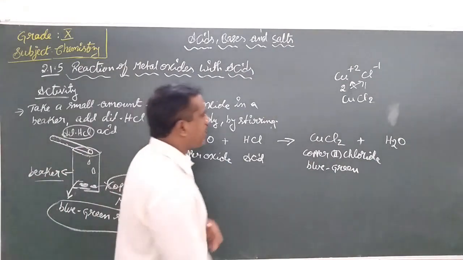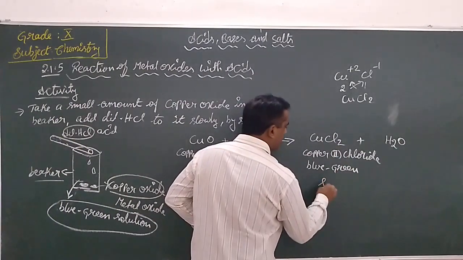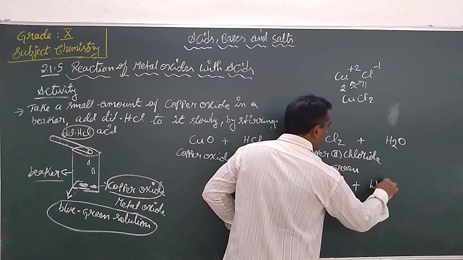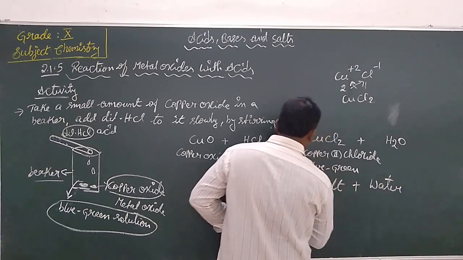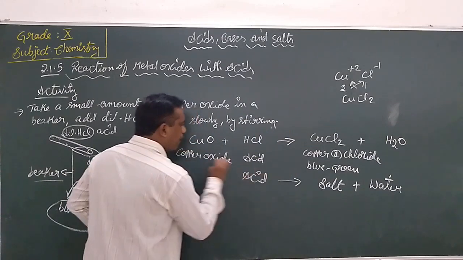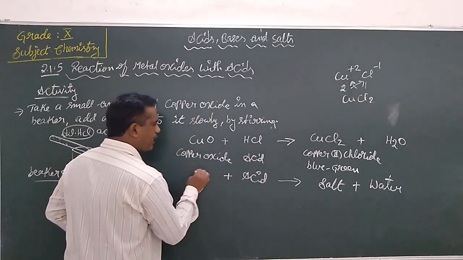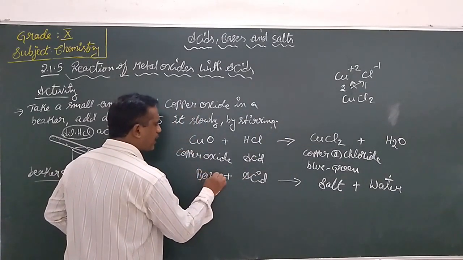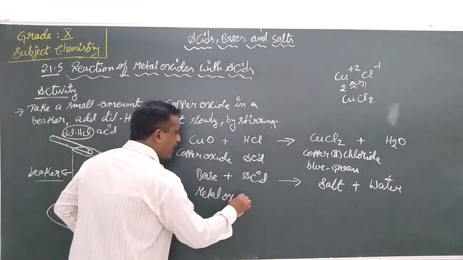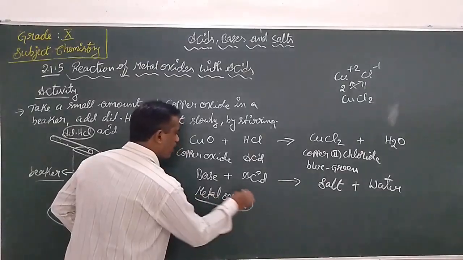What are the products here? Copper chloride is a salt and we had water. So here we had the acid, then metal oxide is basic in nature.